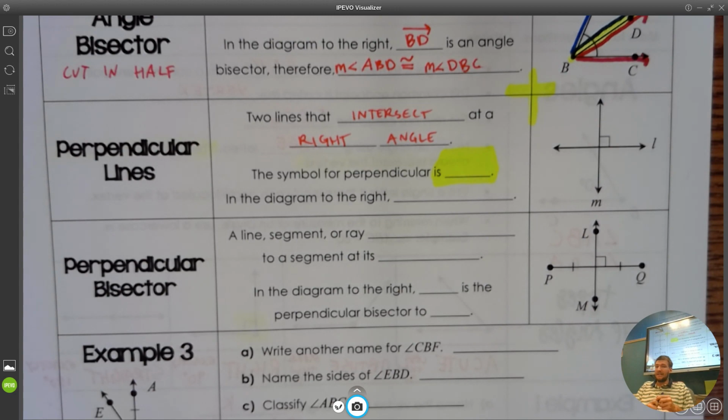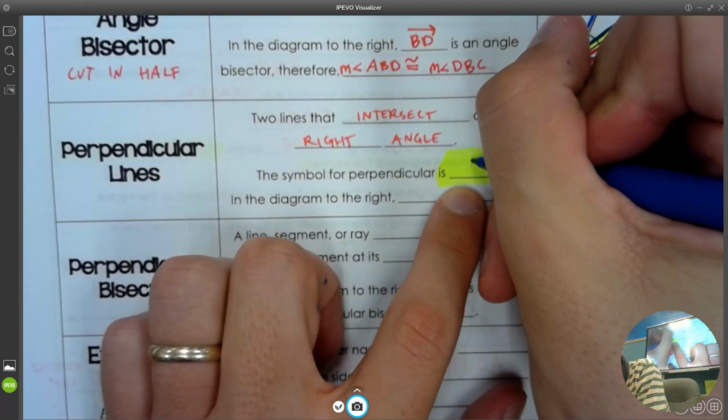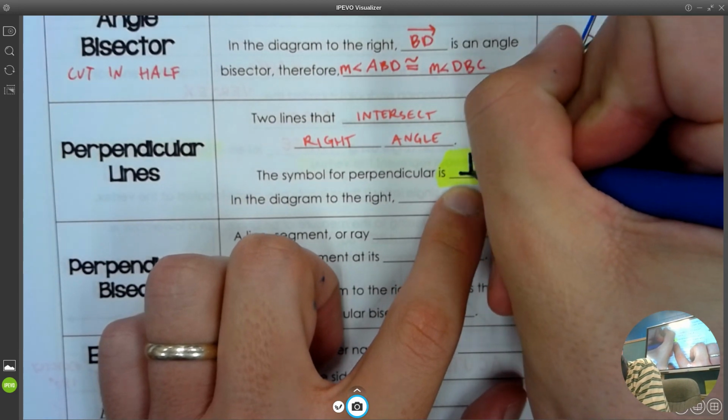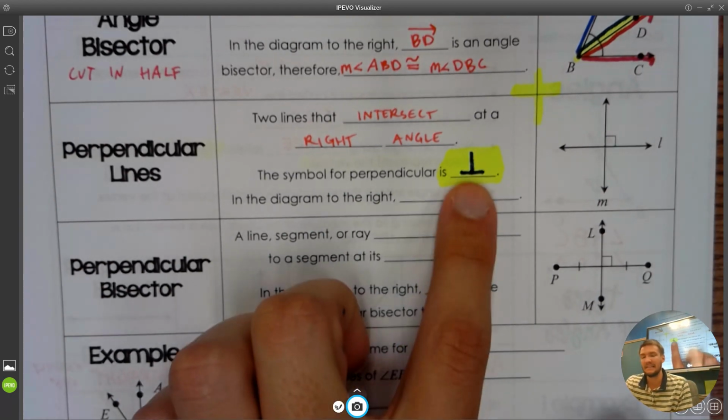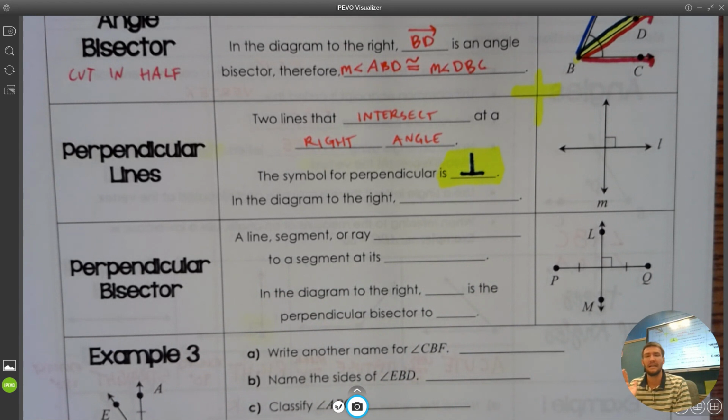The symbol for perpendicular lines looks like this, an upside down capital T. I'm telling you, there's going to be one of the easiest questions that just says, what's the symbol for perpendicular? Let's get it right. Somebody's going to see this symbol and just think, what the heck is that? Why did Mr. Collier print it upside down? It just means perpendicular, okay?